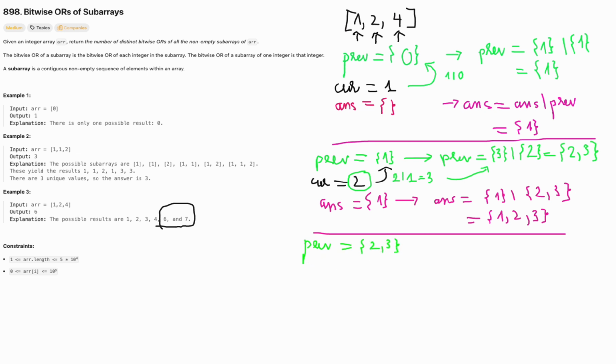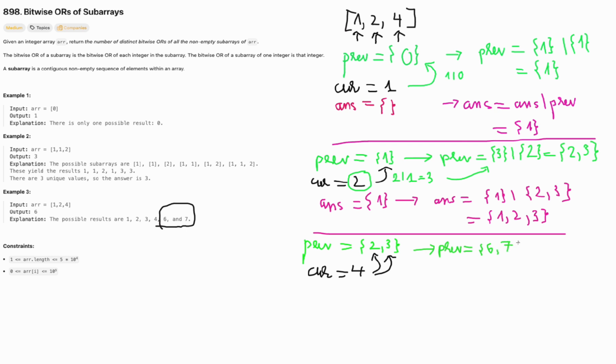And then the current value here is 4, and we can have a combination here, right? This one leads to 2 other elements: 4 and 2, that is 6, and 4 and 3, that would be 7.